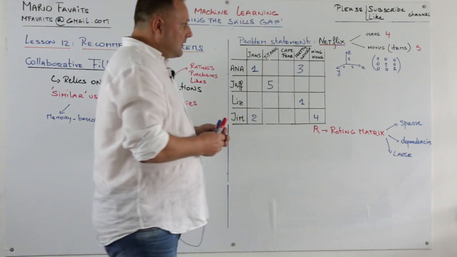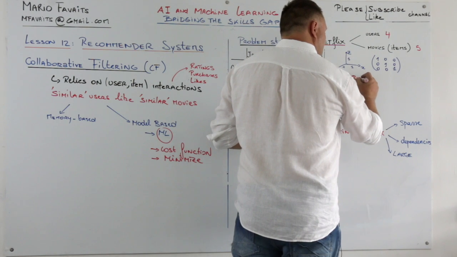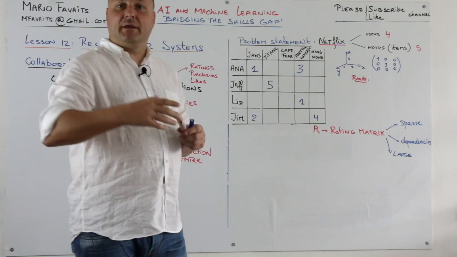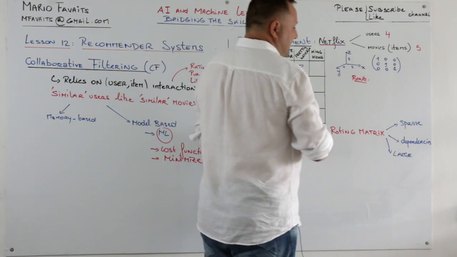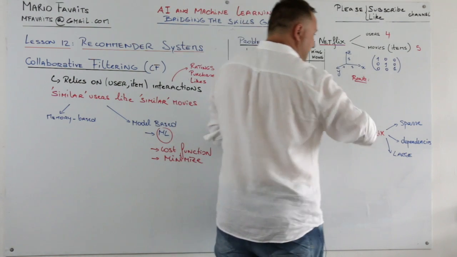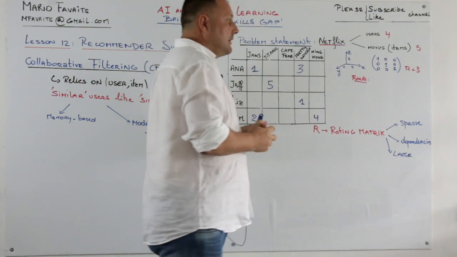What is the rank of a matrix? The rank is the number of independent columns. What does it mean? Well, in this case the rank would be 3. Why?